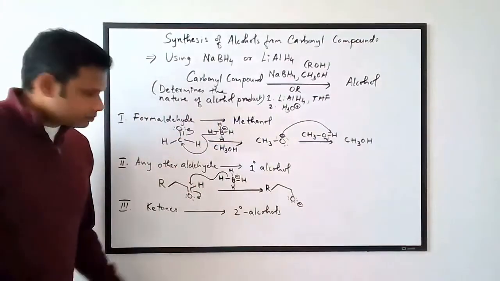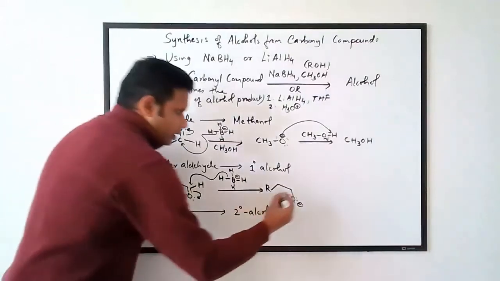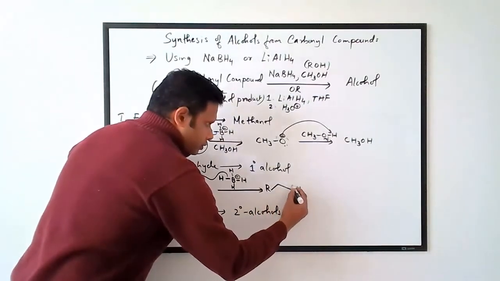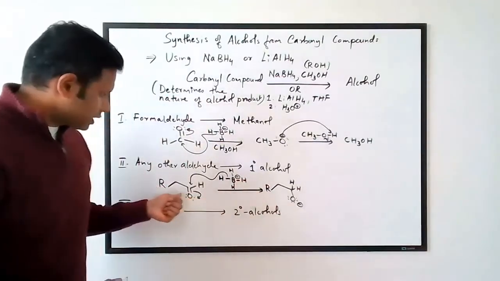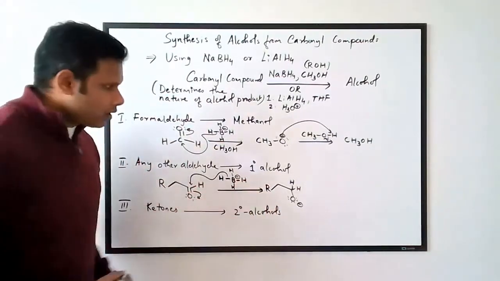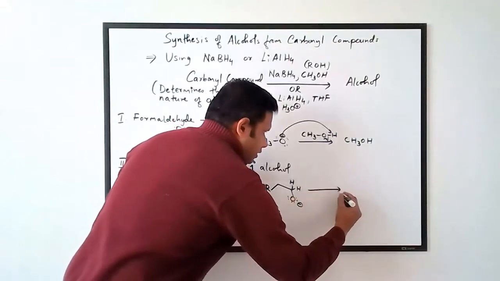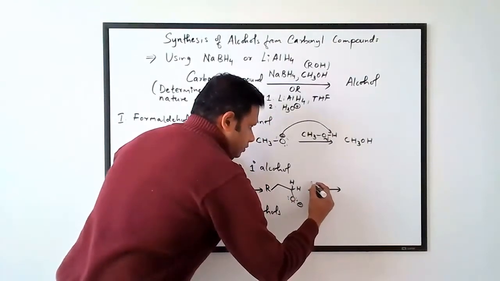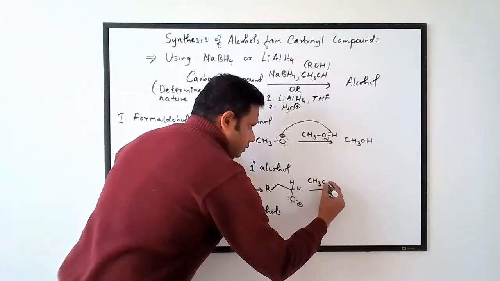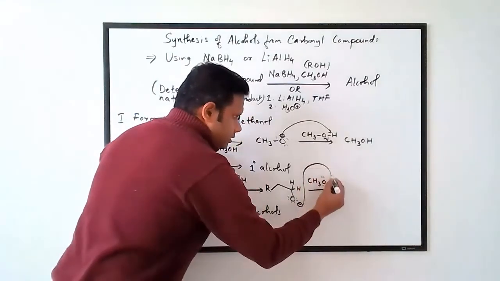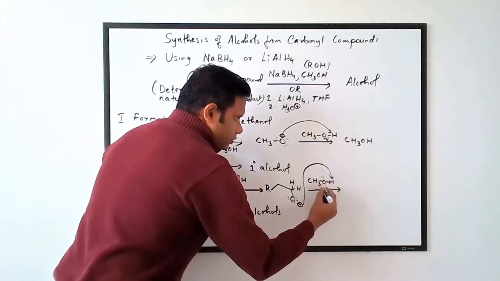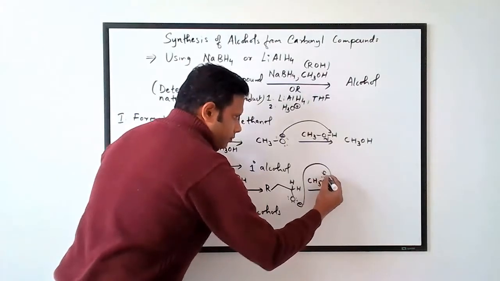O minus. Okay, and realize at this point there are two hydrogens here, which we do not have to show. So we've converted that aldehyde into an alkoxide, and this alkoxide, in a subsequent step, mechanistically it's a subsequent step, is going to get protonated.